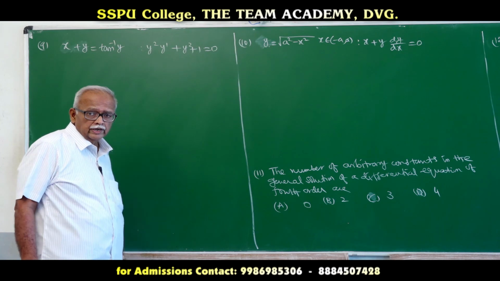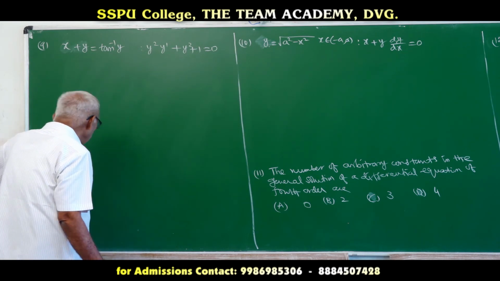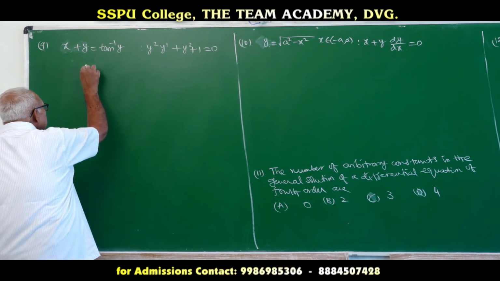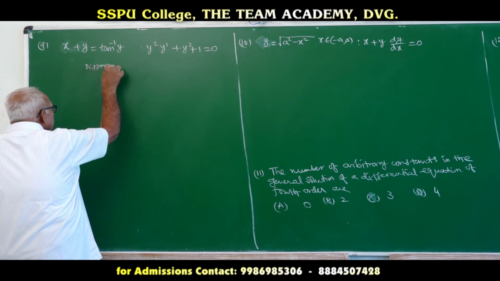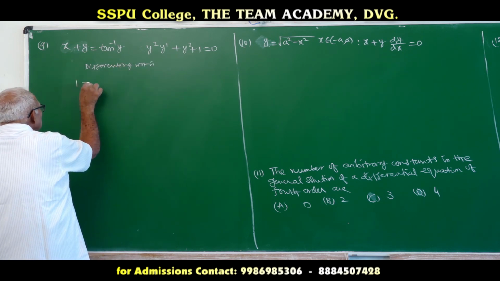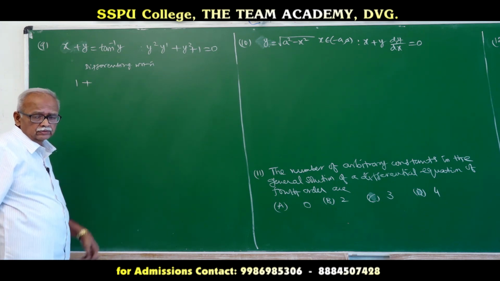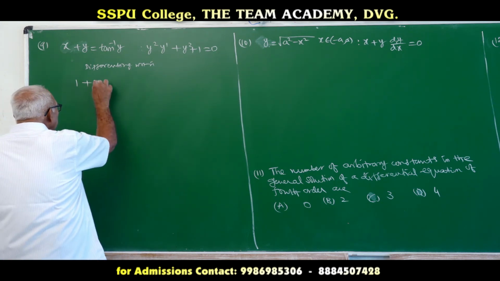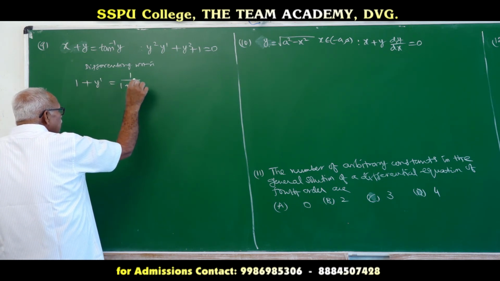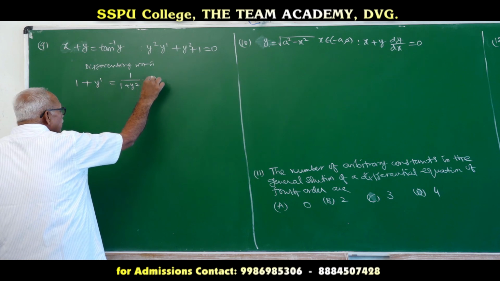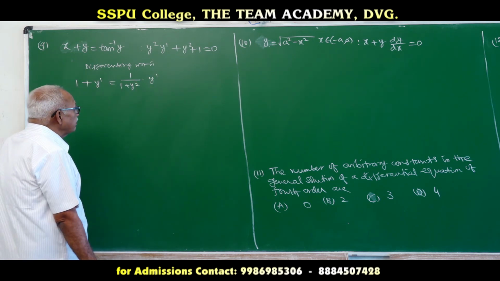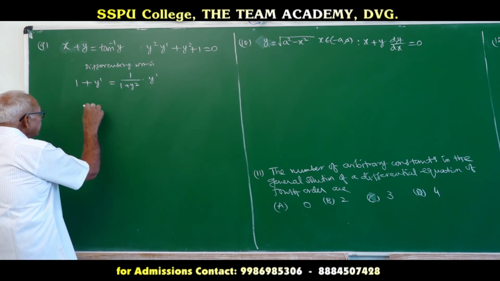We will go to the 9th question in the exercise, which says x plus y is equal to tan inverse of y. Differentiate this equation with respect to x. Differentiation of x is 1, differentiation of y is y dash. What is tan inverse of y? Differentiation is 1 divided by 1 plus y square into y dash. Now, let us separate y dash here.